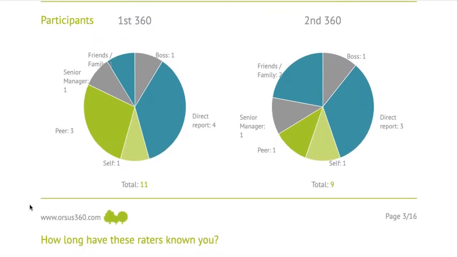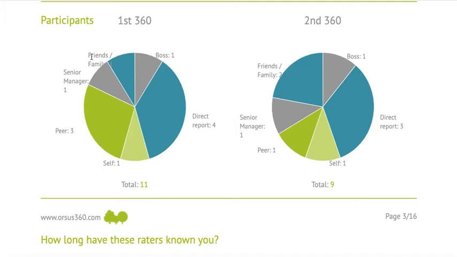The next thing it shows you is who's participated, and in this particular example you can see that the boss, 4 direct reports, the self, 3 peers, and then 1 senior manager and some friends and family. Now it's important to know that if there are less than 3 people in any peer group, with the exception of boss or self, that their scores will be aggregated into an other score group.